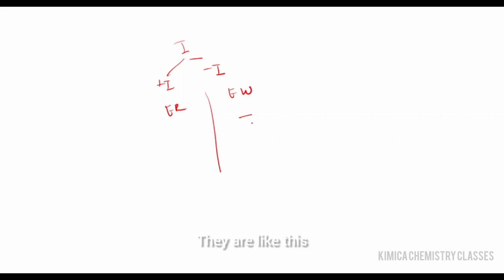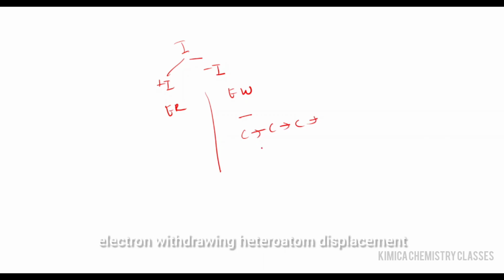They are like this. When the group is attached here, it is an electron withdrawing heteroatom, with displacement towards the heteroatom or group. These are some of their examples.